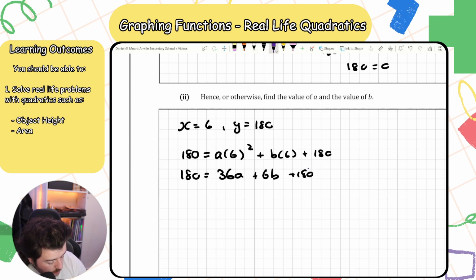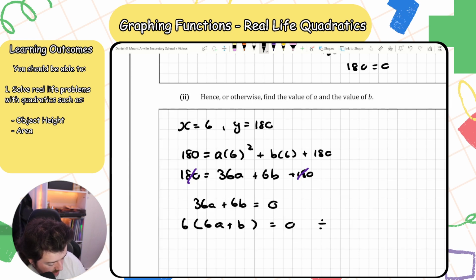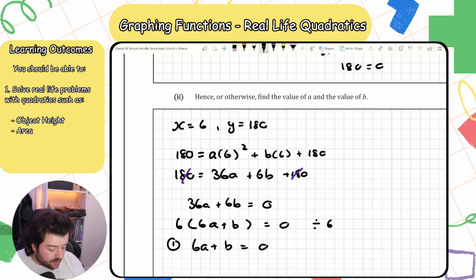I'm going to subtract 180 from both sides, and I'm going to have 36a plus 6b is equal to 0. And I'm going to factor out a 6 here. You don't have to do this, but I just feel like it. Then I'm going to divide across by 6. So I have 6a plus b is equal to 0. That's my first equation. Just makes it a bit easier for myself, you know.